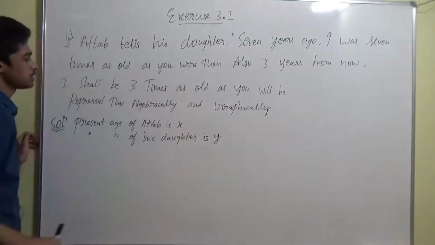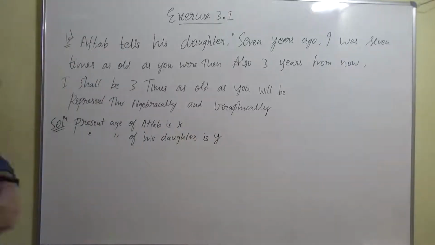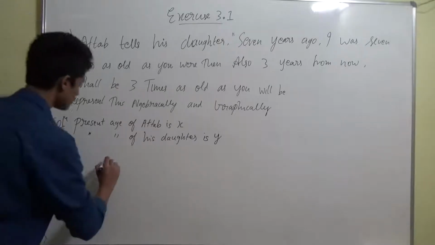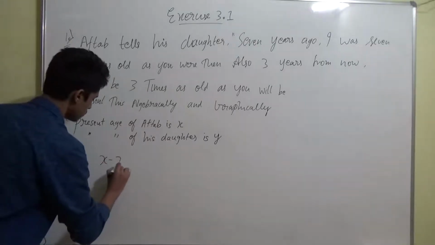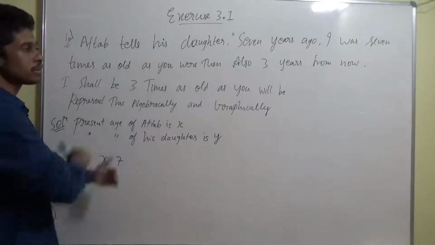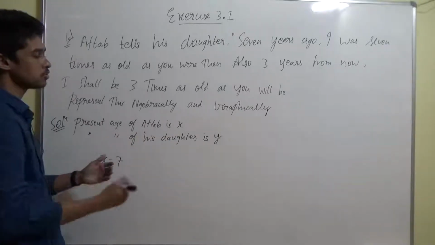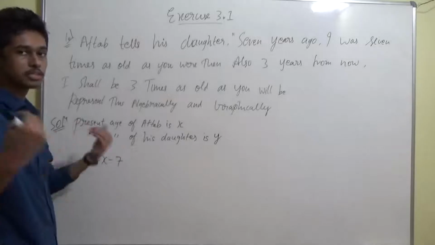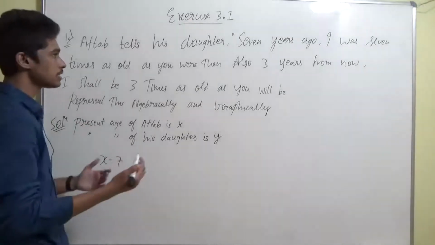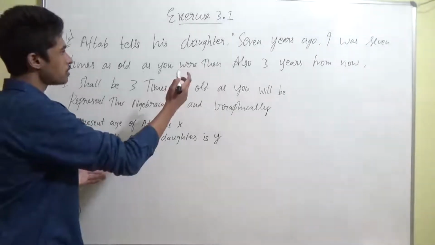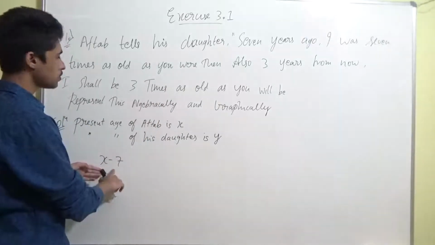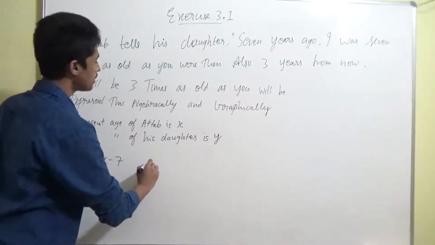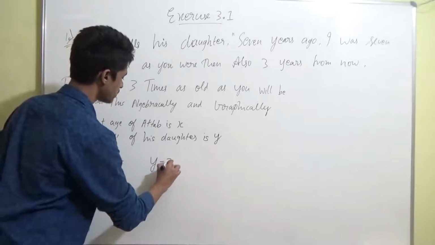Let's assume this, guys. Now according to the first condition, 7 years ago, which means x minus 7, right? Even y was 7 years ago, right? When I was 7 years back, even you were 7 years back, right? So time is the same for everyone. So 7 years ago, Aftab's age was x minus 7 and his daughter's age was y minus 7.